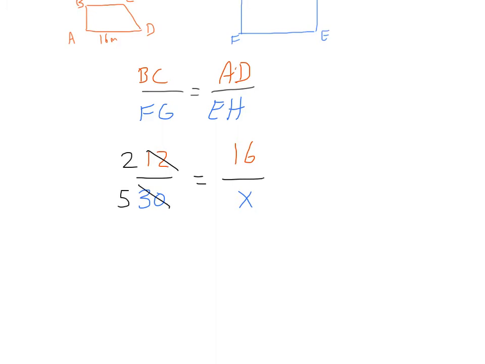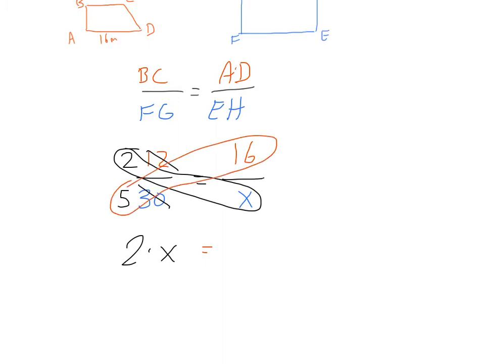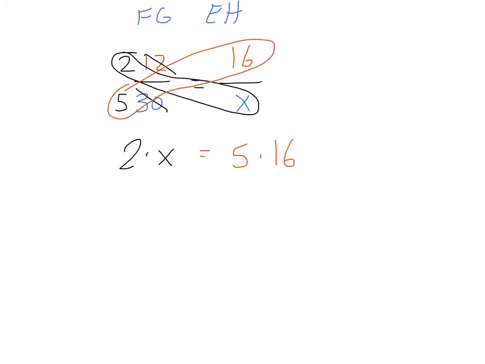All right, so now we can cross multiply. 2 times x is going to equal 5 times 16, right? So 5 times 16, not the friendliest of multiplying, but that's not bad, is 80. I'm just going to set it up like this first. Okay, so 2 times x, we can just make 2x, right? And 5 times 16 is going to be 80.